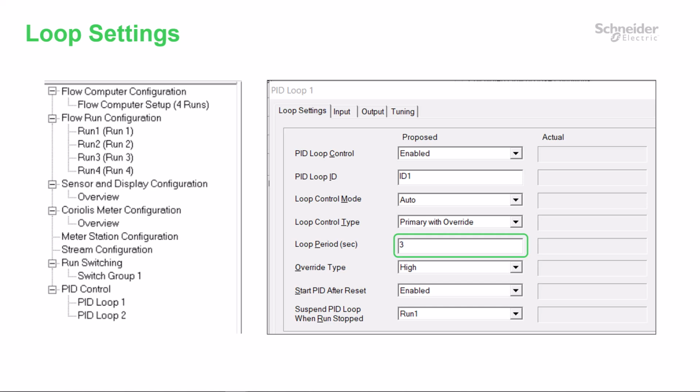Loop period is the time between PID calculations, and override type is used when the control type is primary with override. If set to high, the RTU enables either the main or override loop, depending on which loop's absolute calculated change value is greater. Or when set to low, it selects the main or override loop, depending on which loop's calculated change value is less.